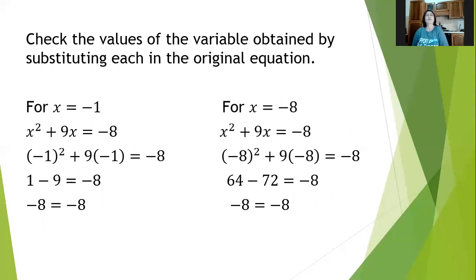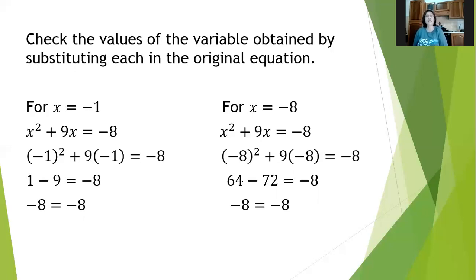Now, this one we have to check first if the value of x sub 1, -1, and the value of x sub 2, -8, are true in the given equation. Check the values of the variable obtained by substituting each in the original equation. Since the original equation is x squared plus 9x is equal to -8, you have to substitute the value of x, which is -1. -1 squared is 1, plus 9 times -1 is -9.